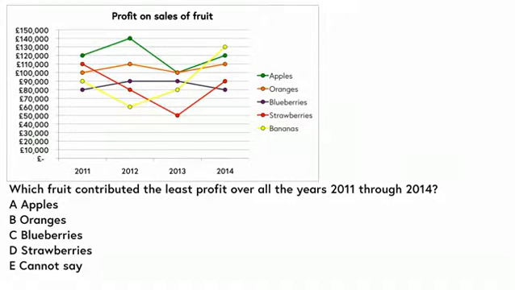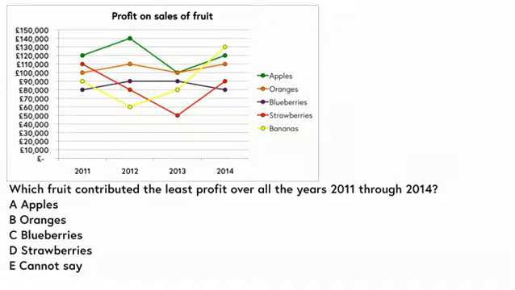You may read the profit for a particular fruit in a particular year by looking at the profit on the vertical axis, which is given in pounds. For example, the profit from the sale of oranges in 2011 is £100,000, and the profit from the sale of strawberries in 2013 is £50,000.